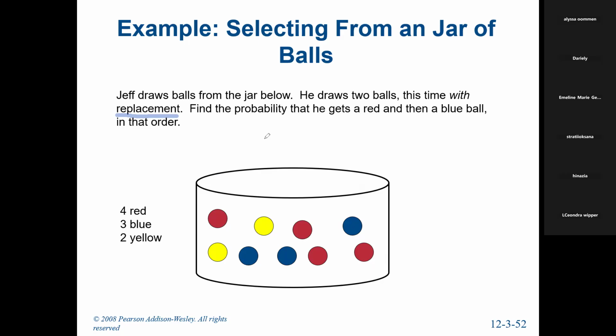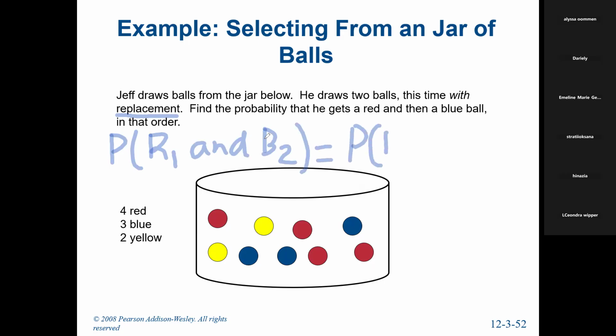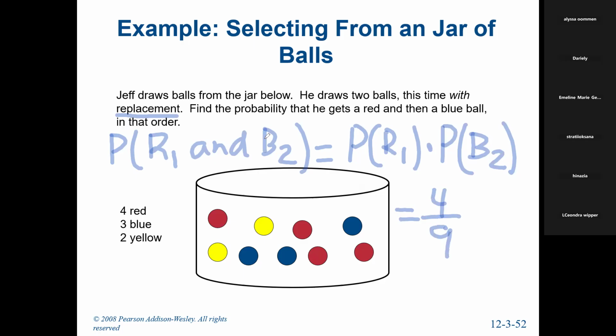Same thing here. So that will give you P of red, that's the first ball, and P of R1 times P of B2 because the two events are independent. Red ball, you got 4 red balls, that's 4 over 9.